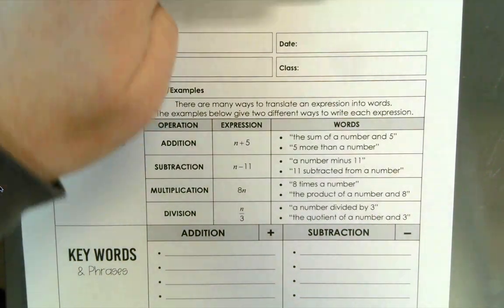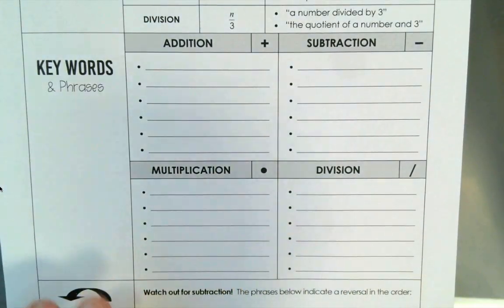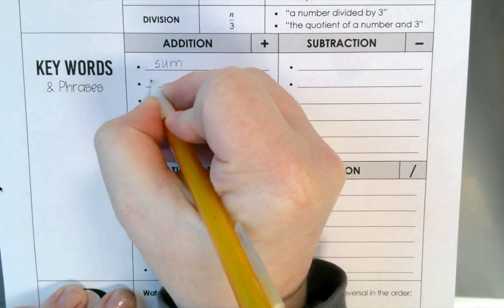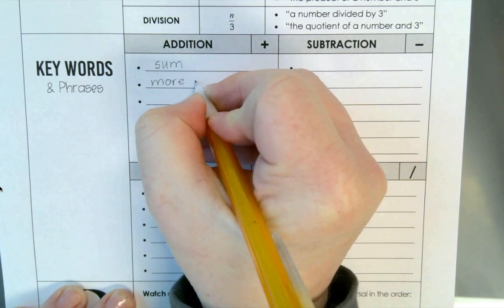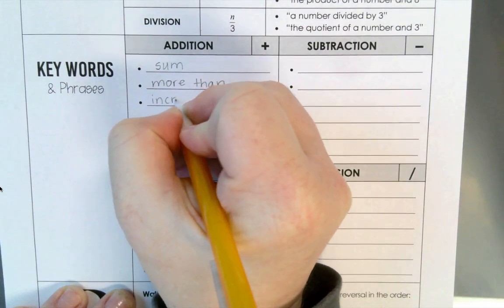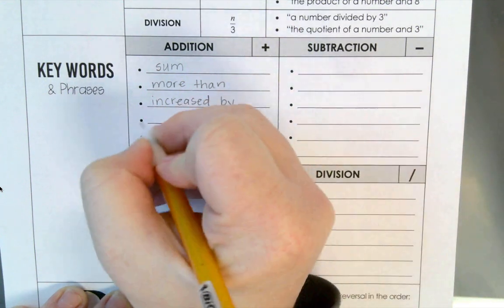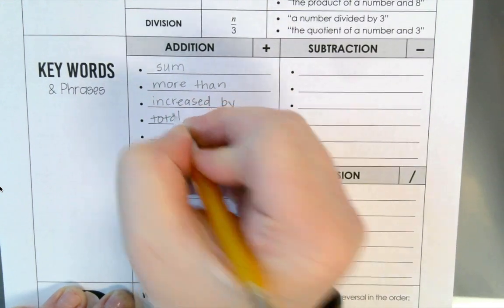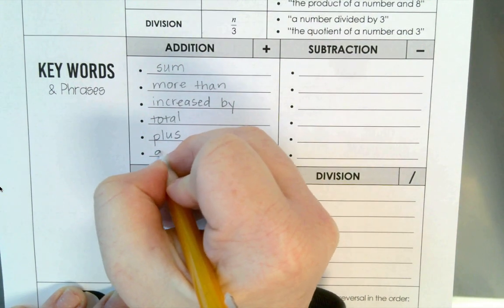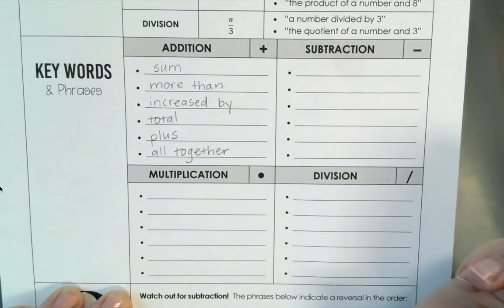So here are some keywords. We're just going to throw them out there that help us know what operation to use. Addition, we have sum, more than, increased by, total, plus, and all together. Okay.